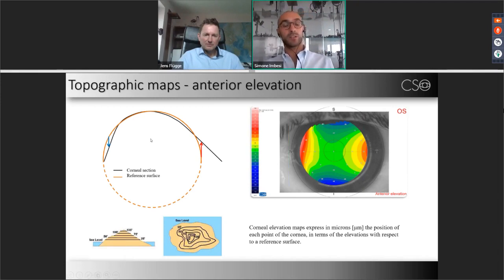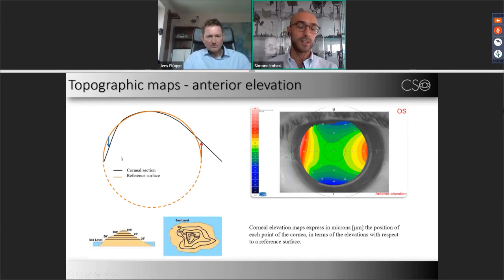In our case, elevations are expressed with respect to a reference surface. The reference surface, in the case of Pentacam, can be a spherical surface, an aspherical surface, or an aspherotoric surface. The differences in terms of height are reported by the color-coded map.